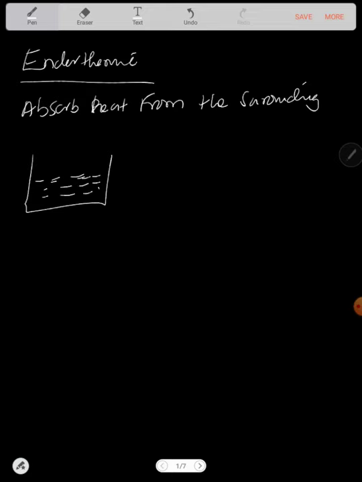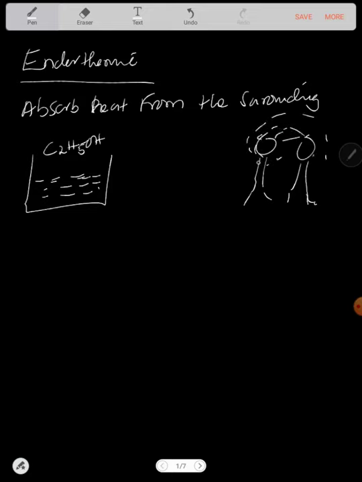Let's say this is ethanol at a very low temperature, okay? And the surrounding is of a very high temperature. So the surrounding has a very high temperature, so the ethanol would tend to absorb heat from the surrounding.